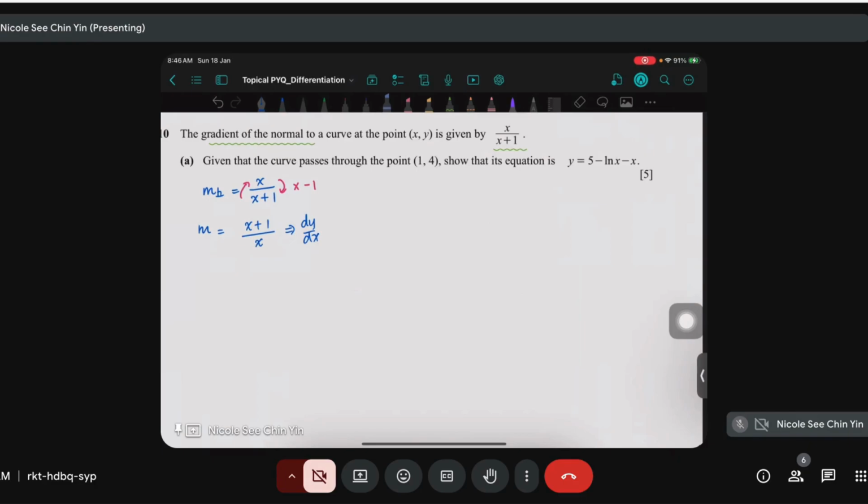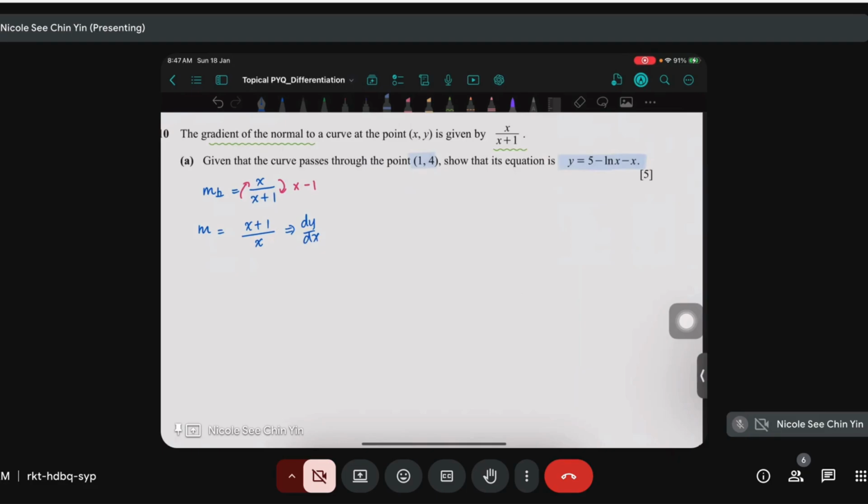Now we look at part A, what they want. Given that the curve passes through (1, 4), now they want you to find the original equation, that is to show this is y equals 5 minus ln x minus x.